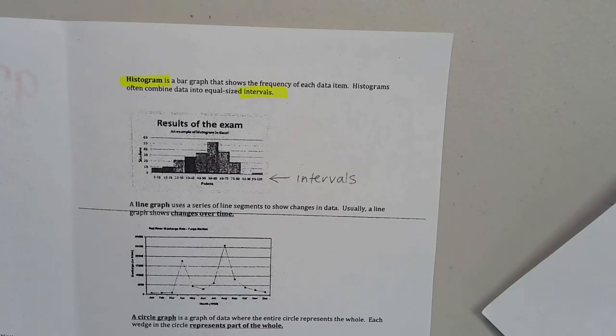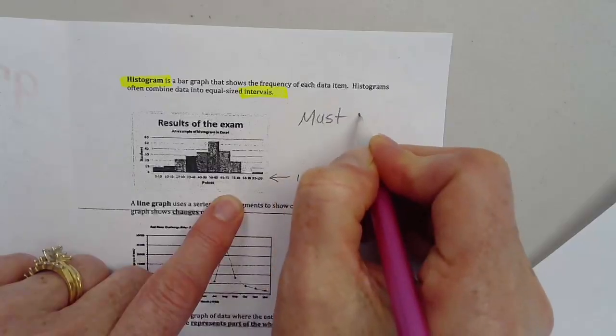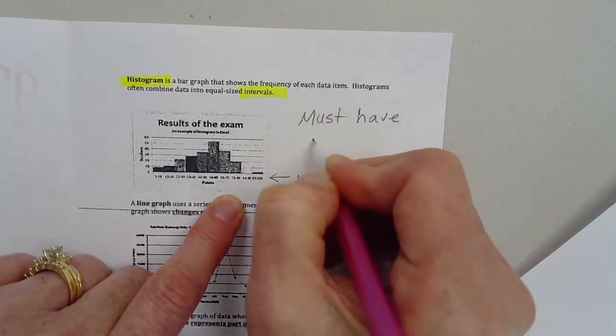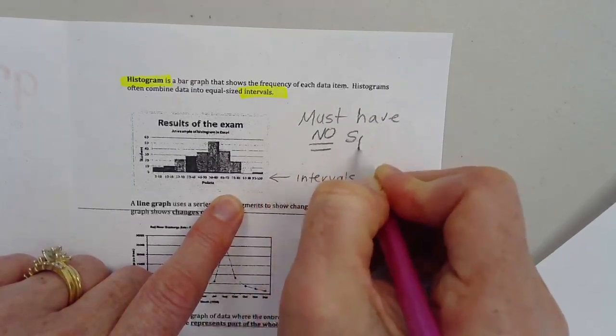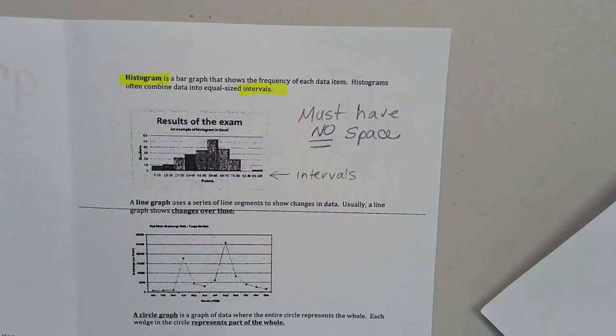It's not just for one number like we did yesterday on the dot plot. It's for intervals, so it can be any of those numbers inside. So don't forget, you must have no space. They have to touch. So there's no space. And that's because there's nothing left out. Everything's going to be included.